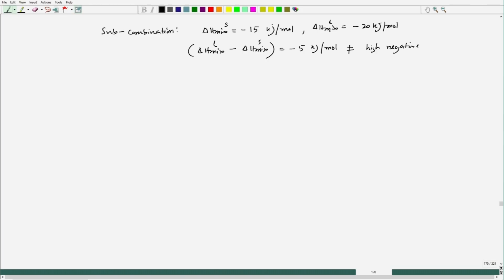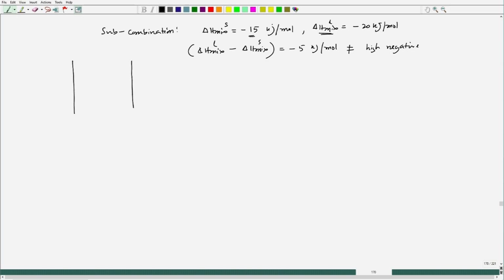Here we see this one has a very high negative value, this one also a fairly high negative value, the other one for solid, but the difference is small negative. In that case I have to see the liquidus line. So, the liquidus line in case of isomorphous.